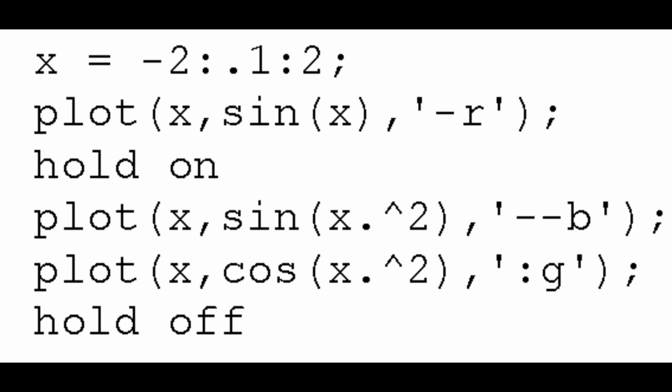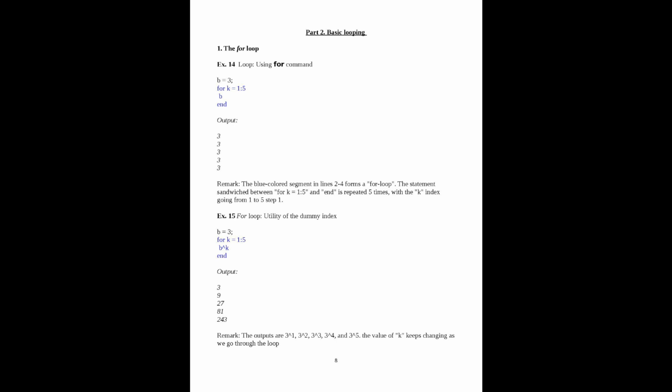Okay, basic looping. For loop, the number of iterations. If you want to do 100 iterations, it will be done in one step, and that is the for loop. So using the for command, b is equal to 3, and for k equals 1 to 5, that means it iterates 5 times and the value b is displayed.